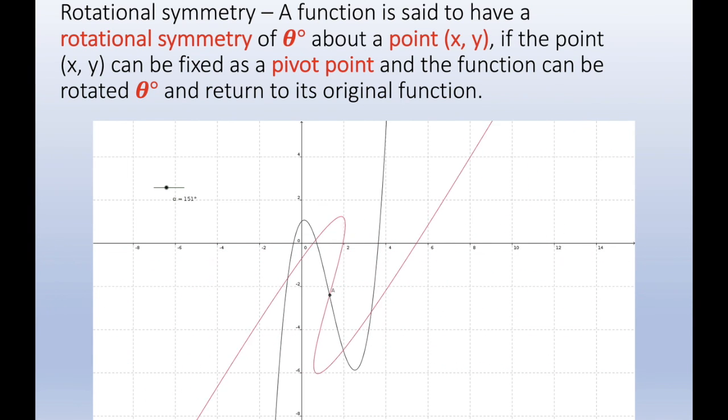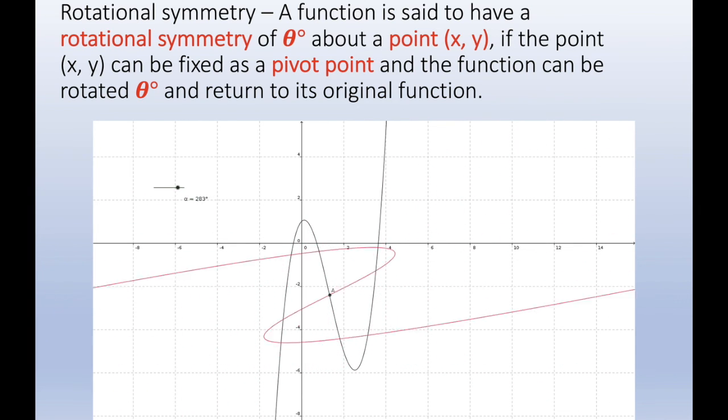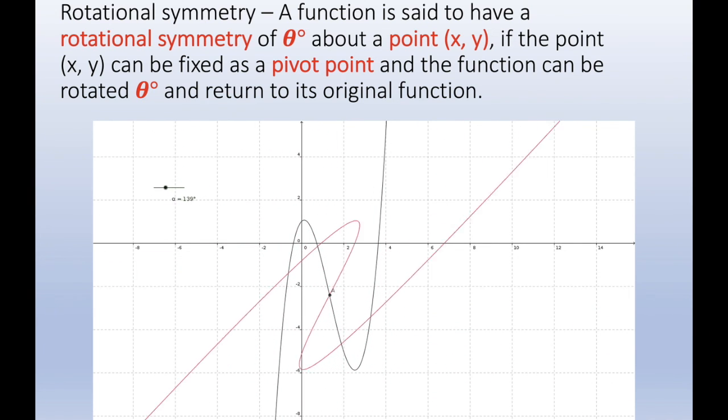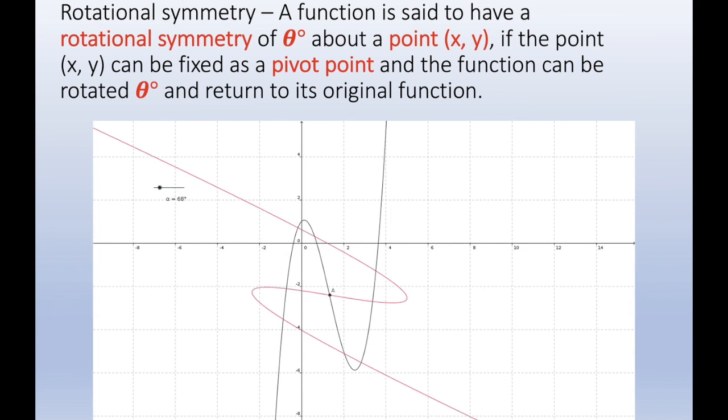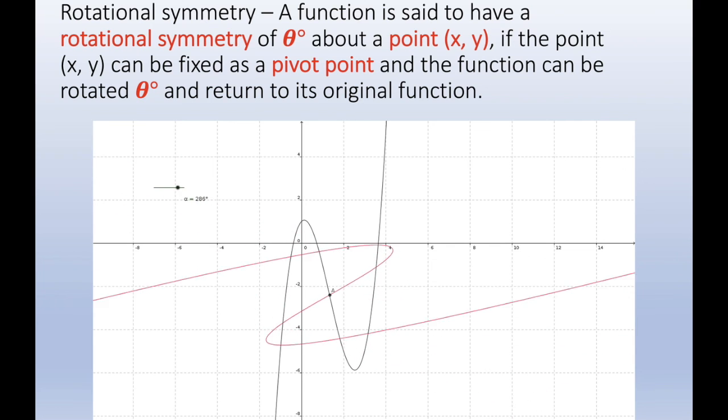A function is said to have a rotational symmetry of theta degrees about the point (x, y) if the point (x, y) can be fixed as a pivot point, and the function can be rotated theta degrees and returned to its original function. So here you can say that this cubic has a rotational symmetry of 360 degrees at point A.